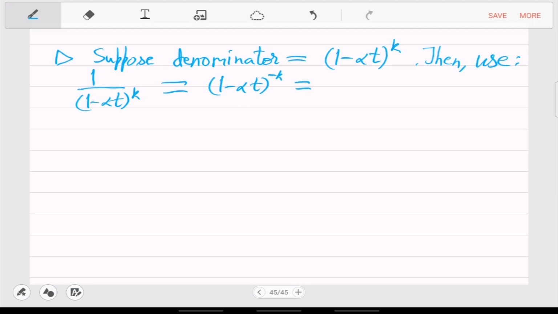And let us just blindly do the binomial expansion without worrying about minus k being negative. So if you blindly do that, what will you get? Minus k choose 1, plus minus k choose 2, and you do it n times.